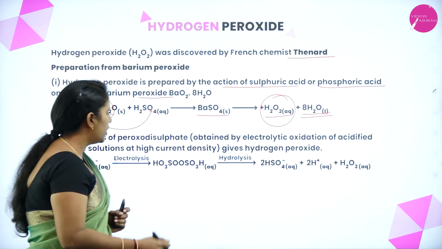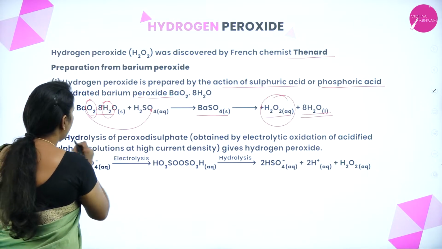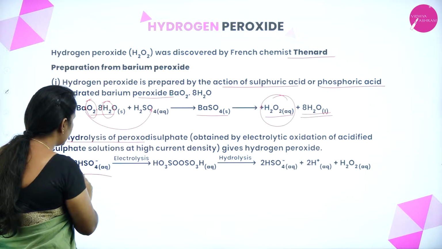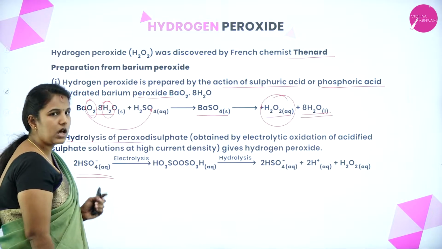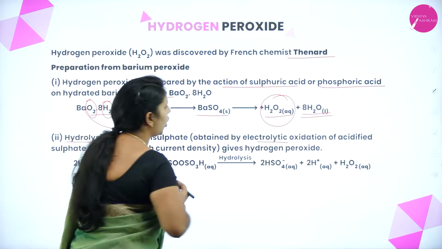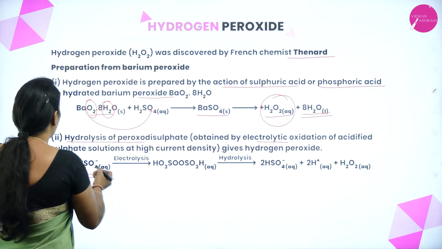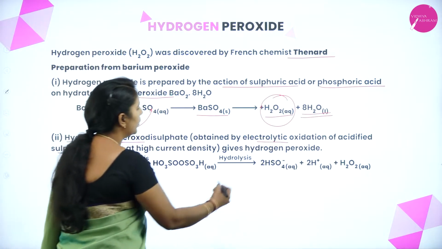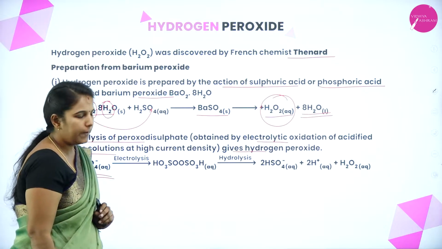We have one more method, that is by hydrolysis of peroxodisulfate. You can see here the hydrolysis of peroxodisulfate, which is obtained by electrolytic oxidation of acidified sulfate solution at high current density, which yields hydrogen peroxide.